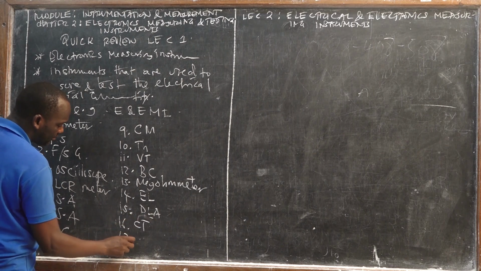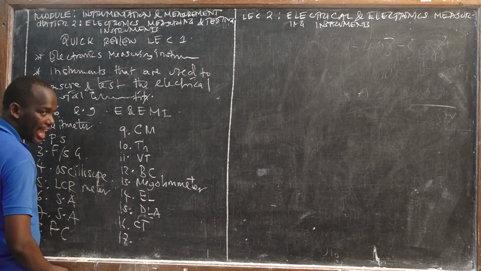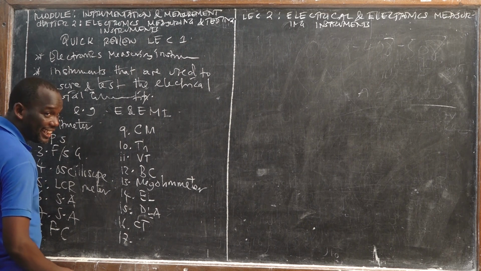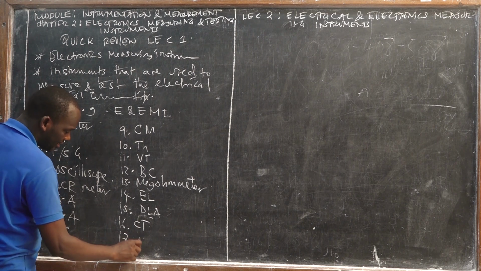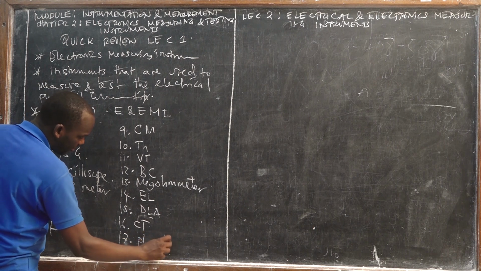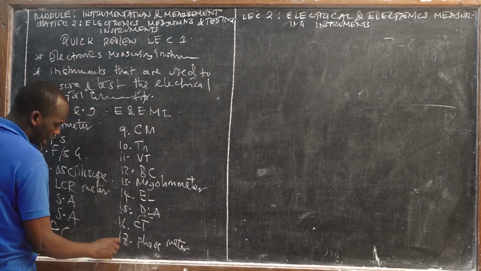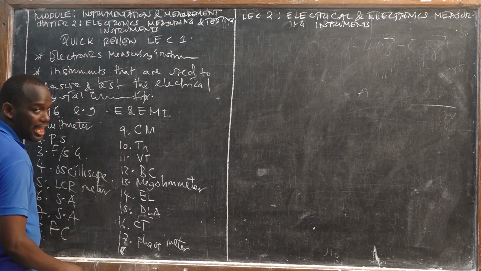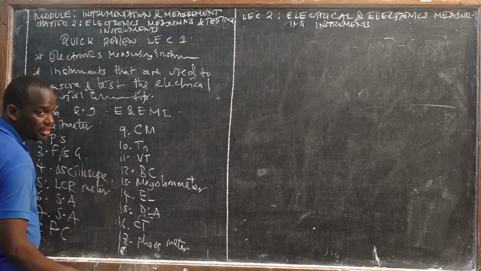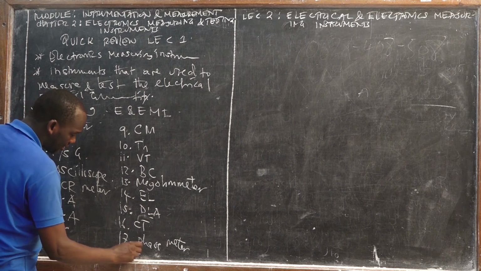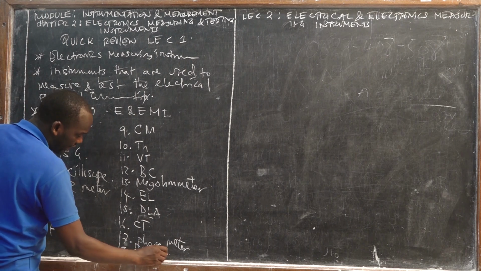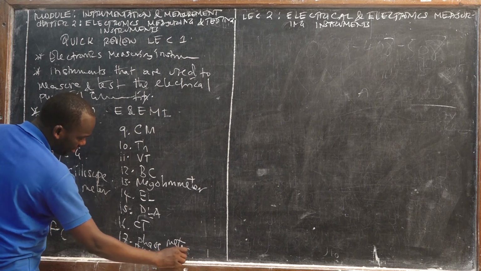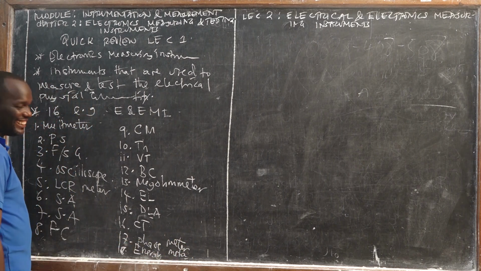Number 17 is the phase meter. Number 18 is the energy meter, also known as the look meter in Tanzania.